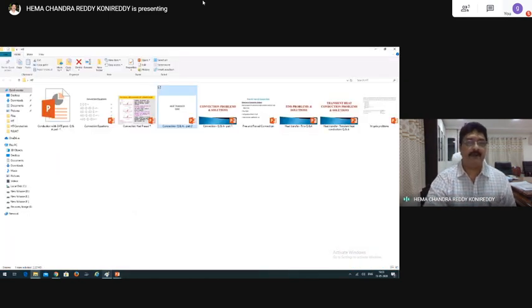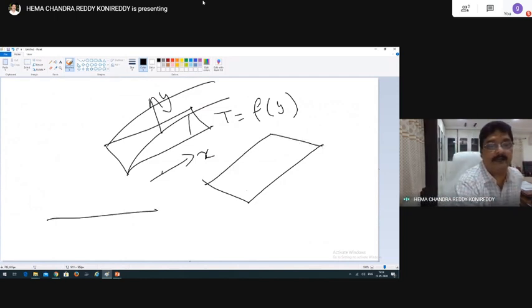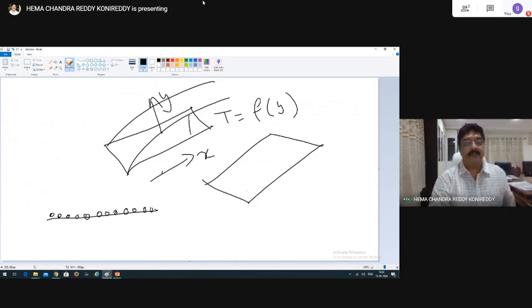It is a little complicated, but you need to understand it very clearly. Let me take a horizontal plate. The first layer of molecules sit on the plate. They are establishing a physical contact with the plate, and under no slip conditions I'm not expecting any relative motion between them. They are rigidly attached to the plate.